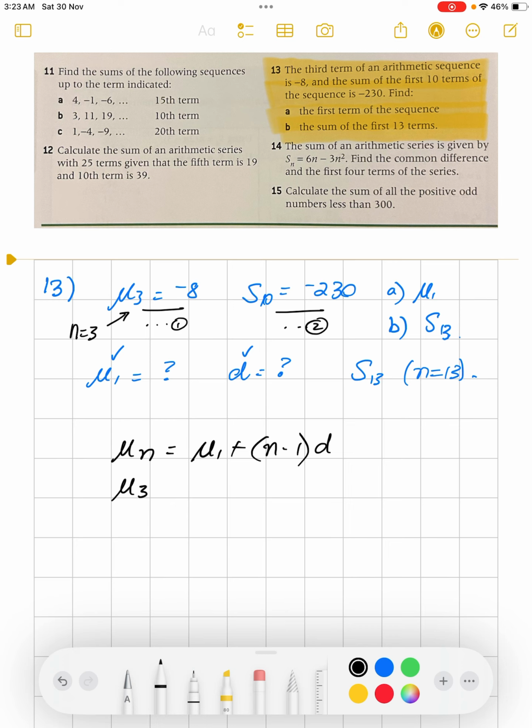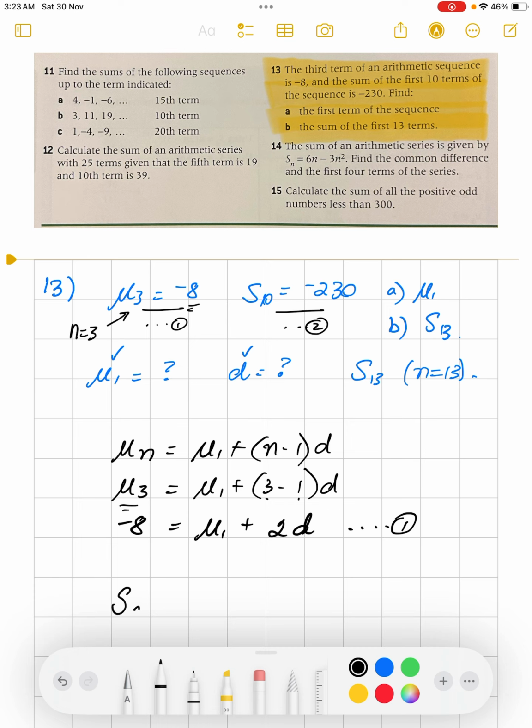So the third term is the first term plus 3 take 1 lots of d's. And the third term is -8, so we replace the third term with -8. We don't know the first term. 3 take 1 is 2, and there is equation 1.